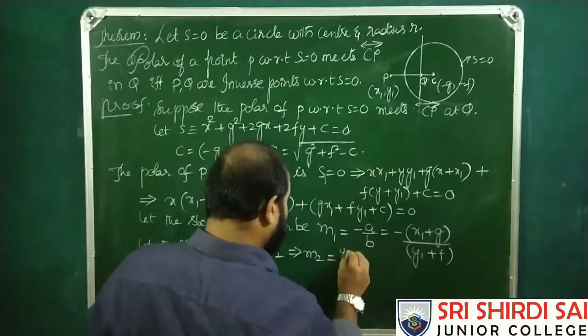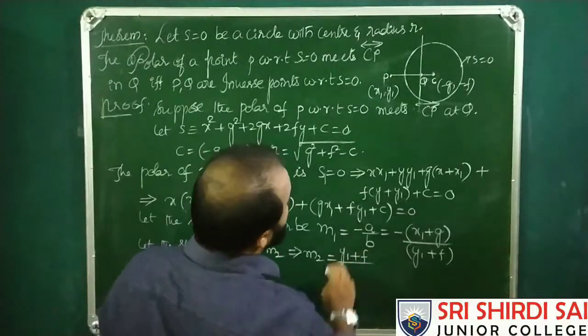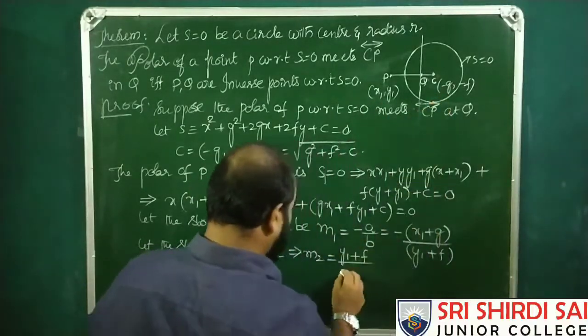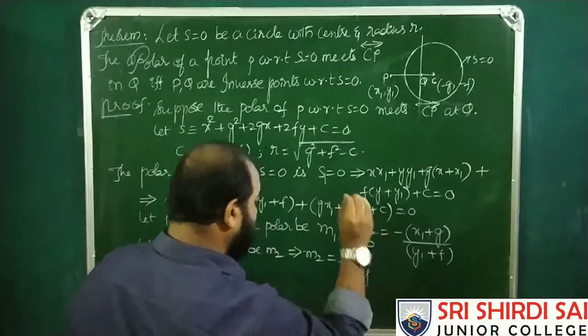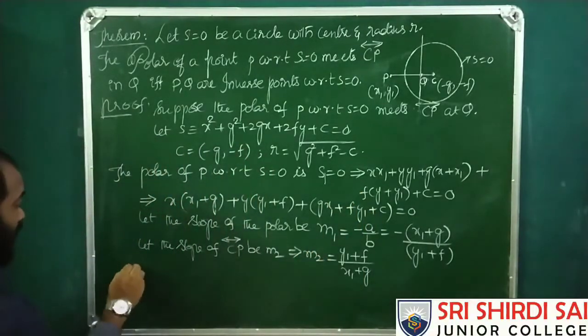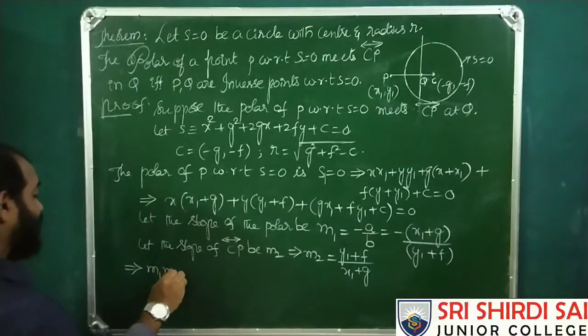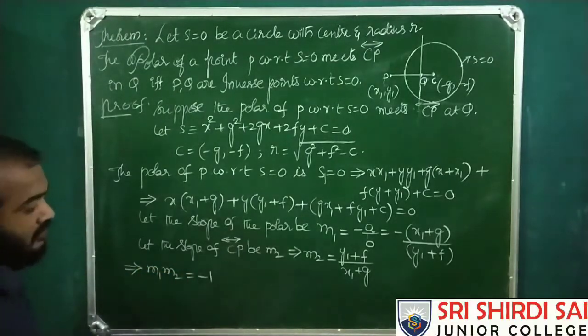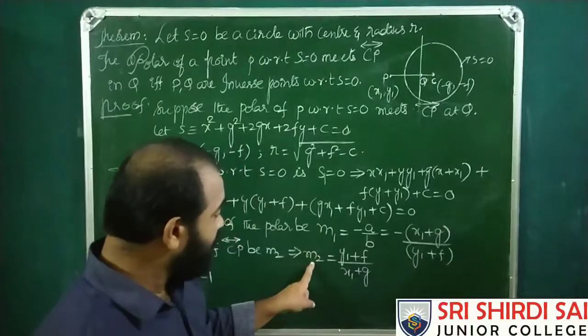So y1 plus f by x1 minus of minus, so x1 plus g. So if we notice here, m1 m2 equals to minus 1.